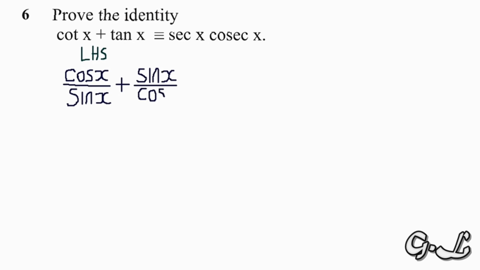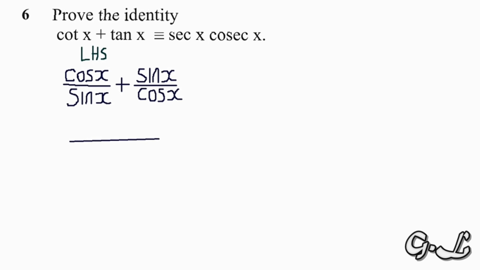So as you can see, we have converted the terms to cos x and sin x. So what is the next thing that we're going to do? We're going to solve this one.